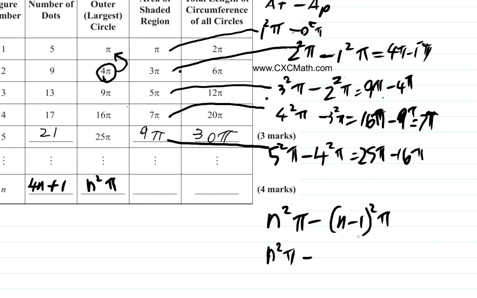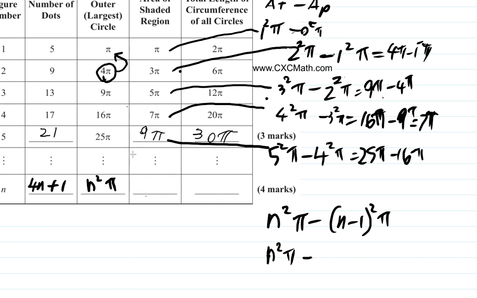Should I bother simplifying it? Alright, let's write it as it is now. If you put pi outside a bracket, let's not try to expand the bracket just yet. I'm not sure you're going to really need to do it. It's pi times n squared minus n minus 1 squared. It's kind of too jumbled up here.